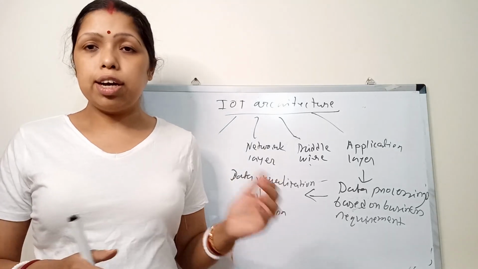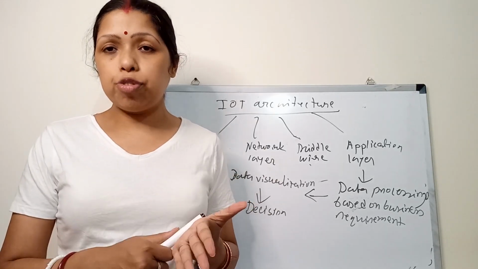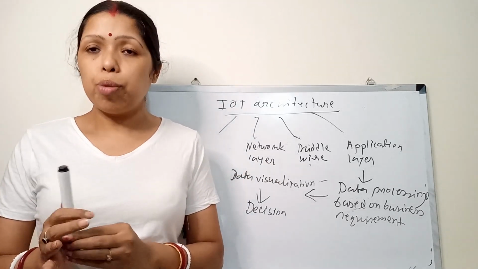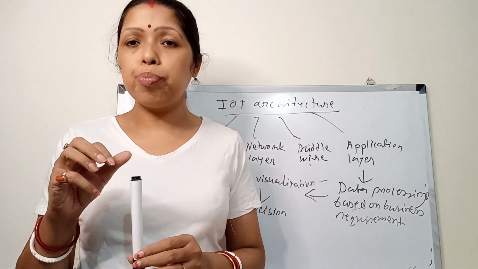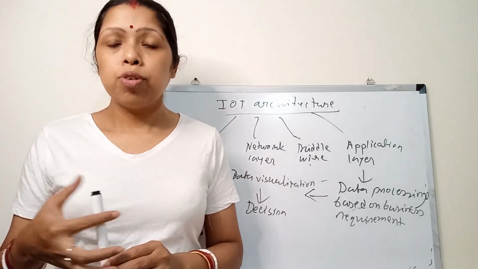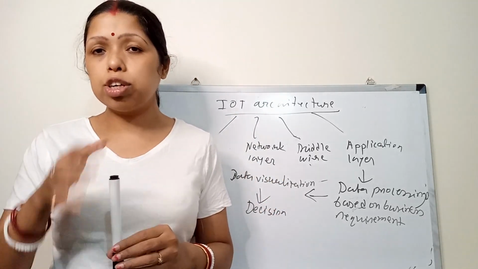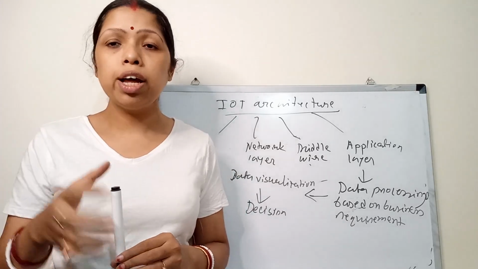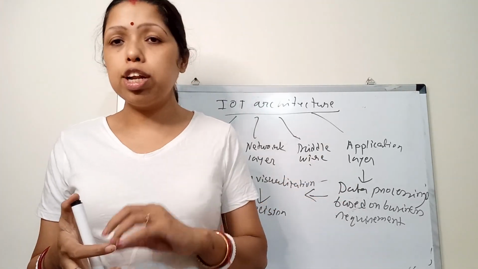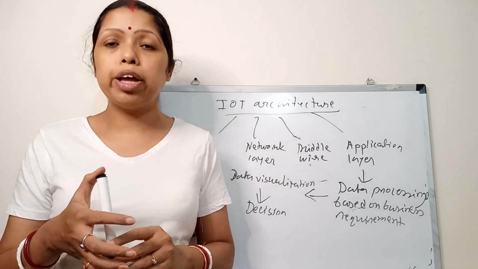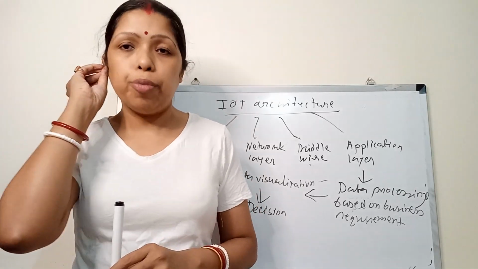For this visualization, you can use different software or tools, and this application layer is normally available on the computer or laptop as an app. Suppose the mobile app for a home automation controller, this is one of the application layers. You can visualize the different sensor data and you can take some decision by using different analytical models.